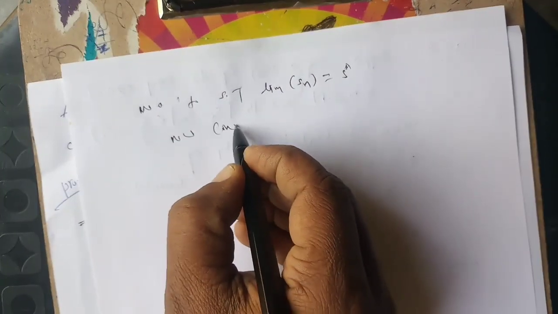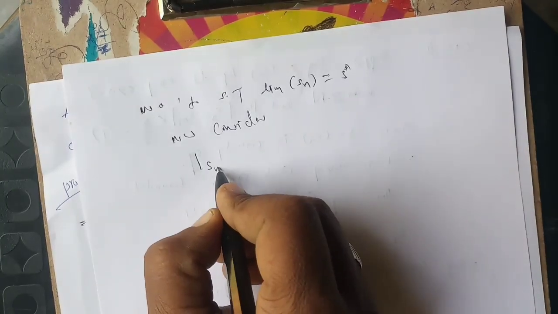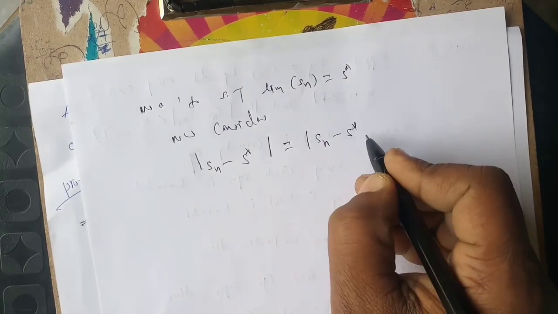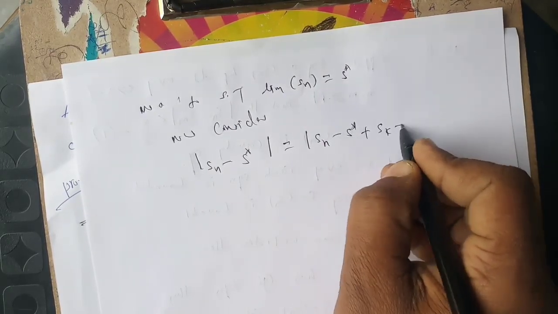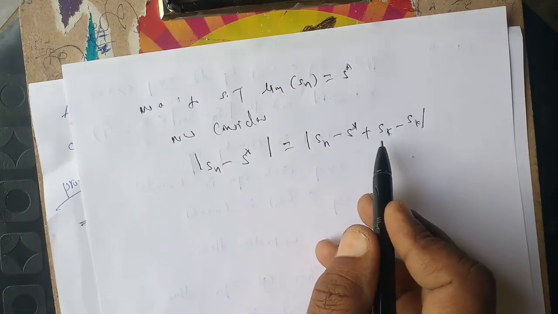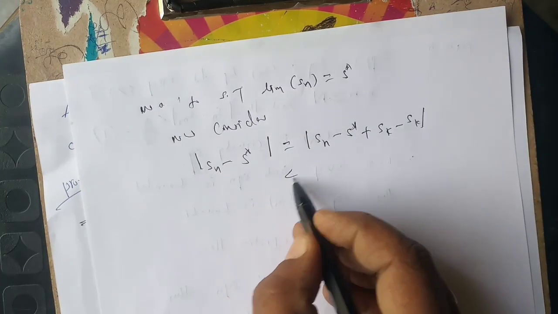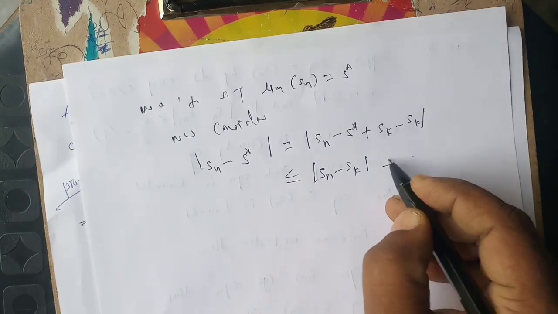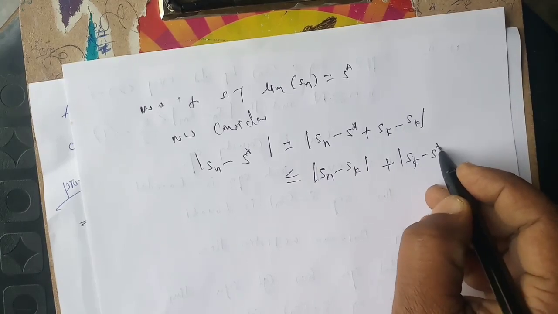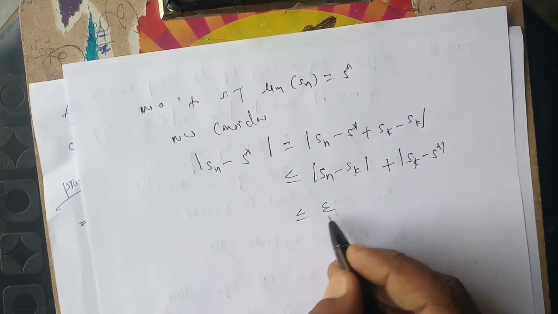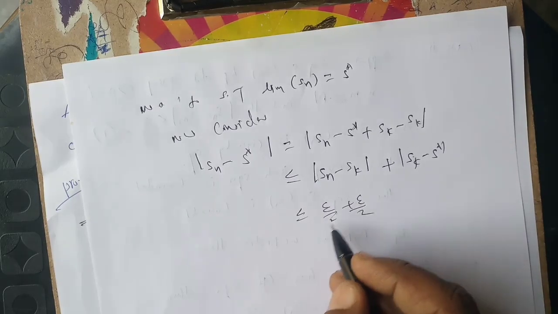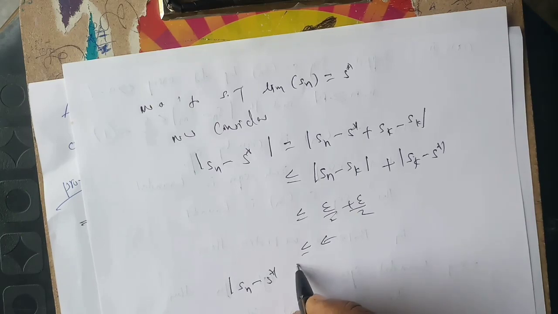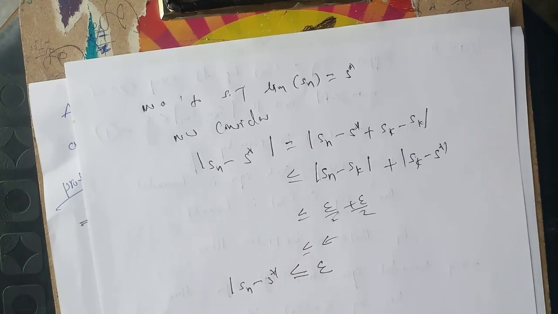Now consider mod Sn minus S star equal to Sn minus Sk plus Sk minus S star. This is the another type, adding plus 1 and negative. So less than or equal to mod Sn minus Sk plus mod Sk minus S star. This is epsilon by 2, and this is epsilon by 2. We get epsilon. So mod Sn minus S star is less than or equal to epsilon.